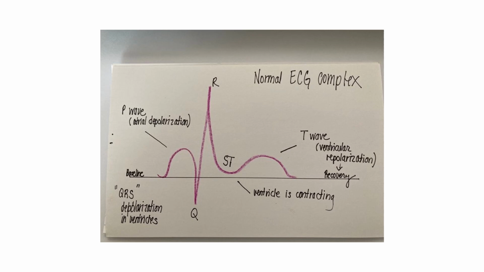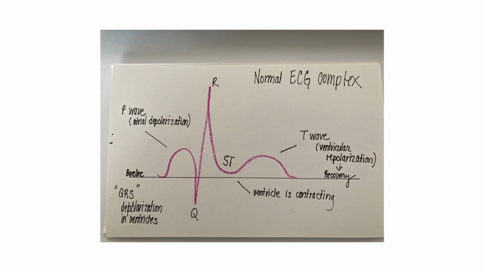After contraction, the pressure decreases in the ventricles and the chambers begin to fill from the left atrium to the right atrium, and that is known as diastole, or your bottom blood pressure number, and that is when the heart is at rest. We don't see atrial repolarization in this complex because it is buried in the QRS, but the QRS is the depolarization of the ventricles, so that's the contraction.